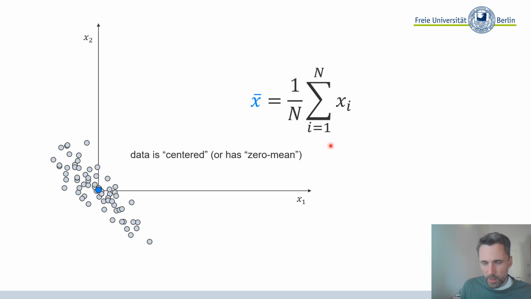So what we do is we take our original data points, we calculate our x bar, and then we take every single data point and subtract the mean from it. And so in the next run, what we can do then is to calculate the mean again, and this should be 0. It could also be a vector of zeros, right? So each of these components, each of these dimensions would be 0 on average. That's how our data distribution is set.